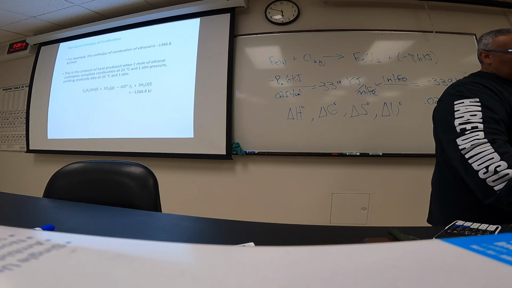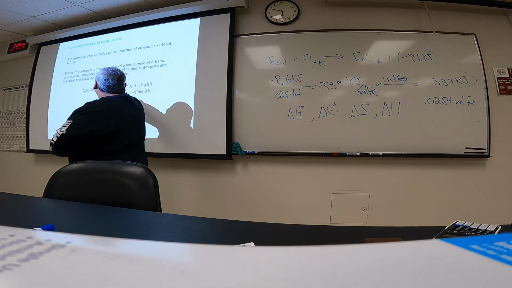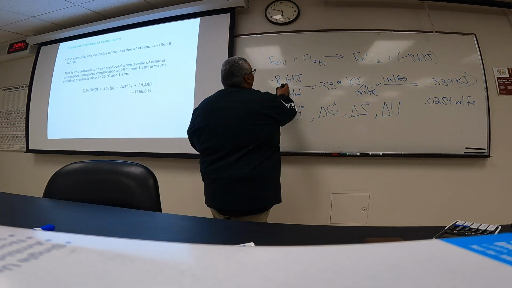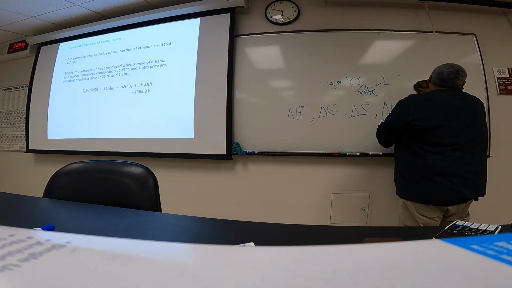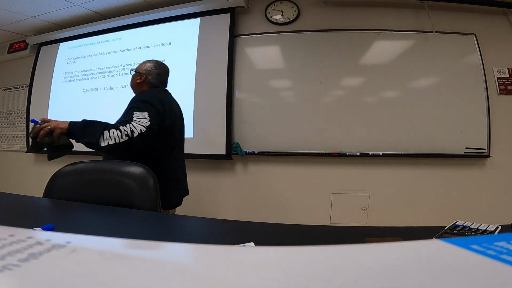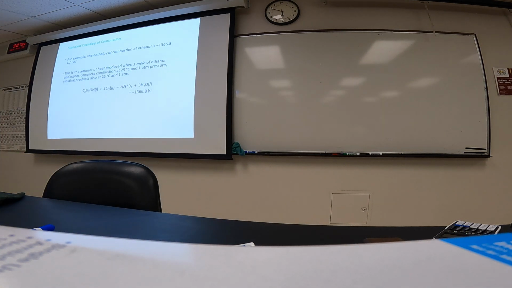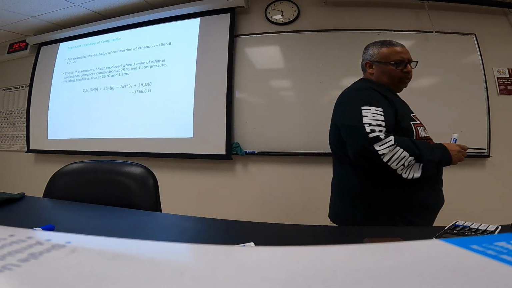So, standard heat of combustion. This is done in standard conditions, standard temperature and pressure. Ethanol combusts at negative 1366.8 kilojoules per mole: the amount of heat produced when 1 mole of ethanol undergoes combustion at 25 C and 1 atmosphere yields this value.